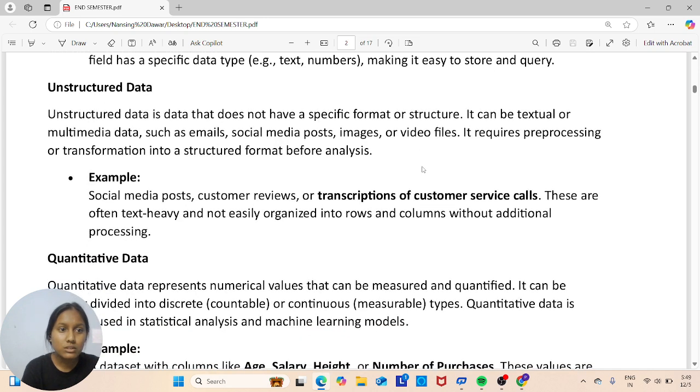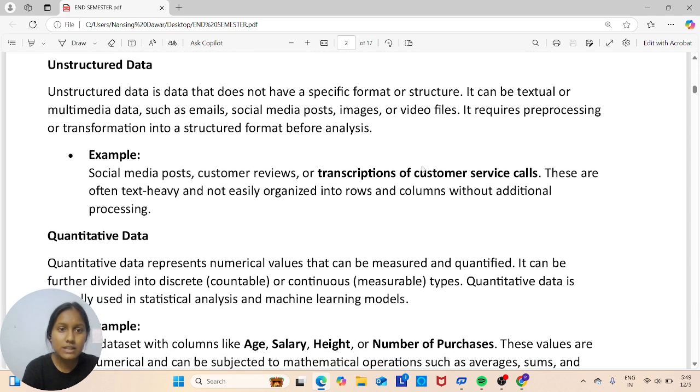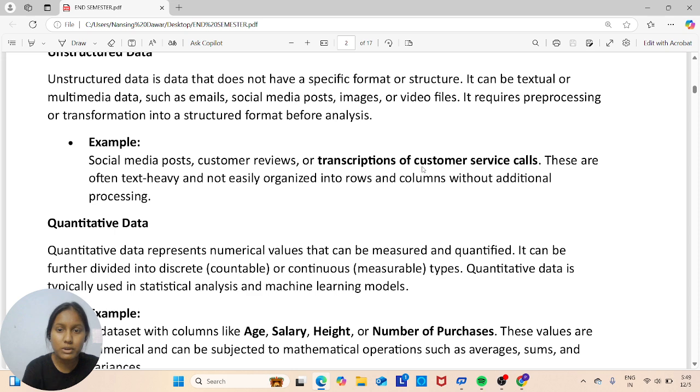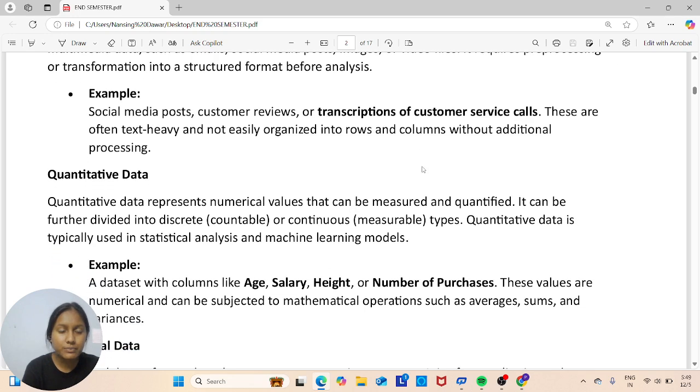Now we will look at unstructured data. Unstructured data is data that does not have a specific format or structure. It can be textual or multimedia data, such as emails, social media posts, images, or video files. It requires pre-processing or transformation into a structured format before analysis.